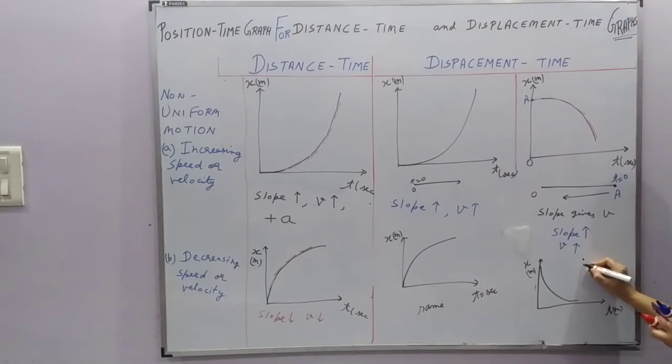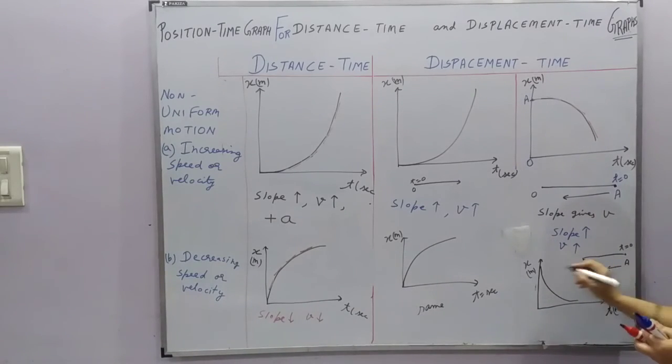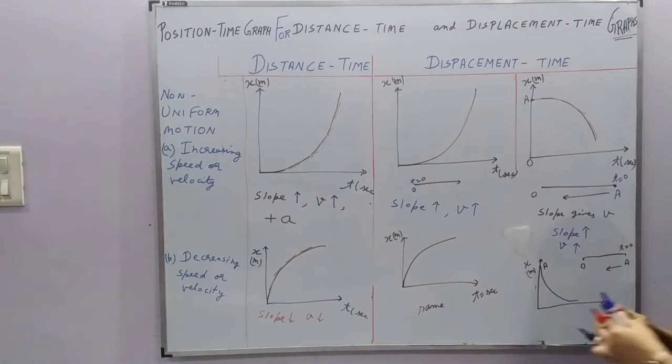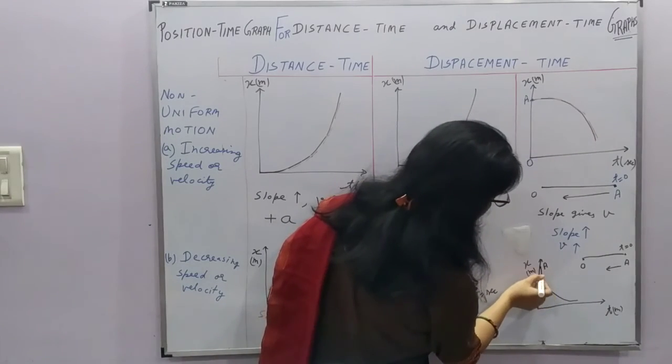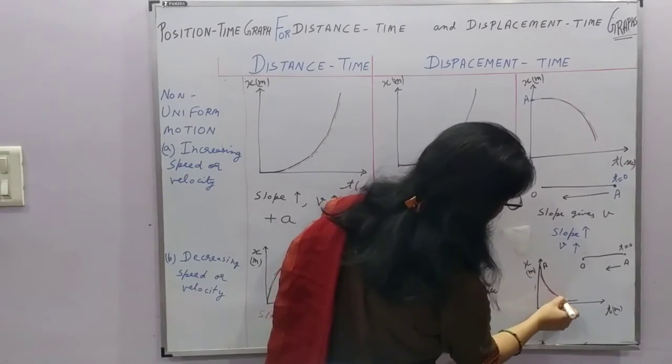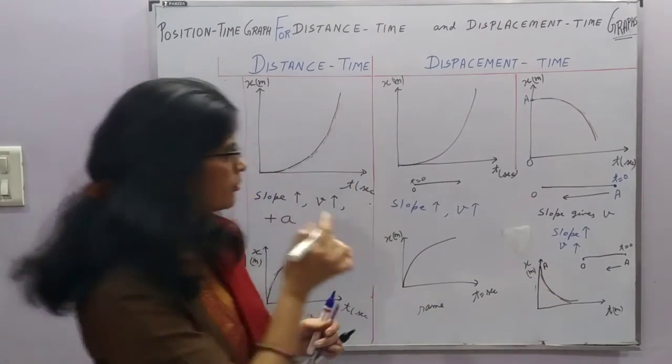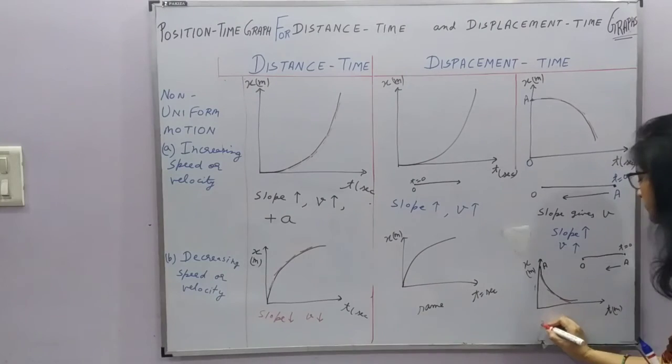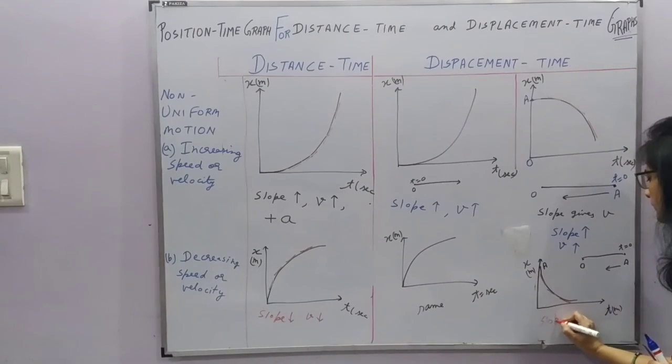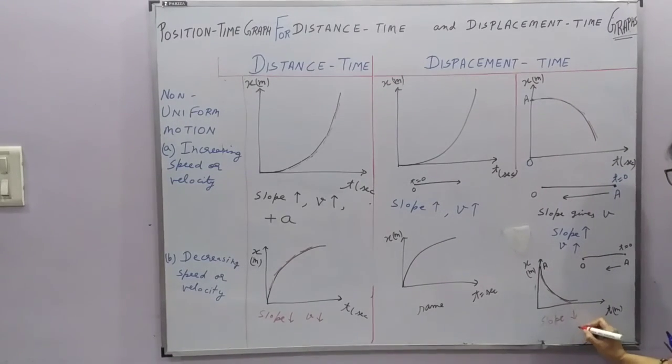So again here this is the case O, this is the point A from where the object starts its journey. Here t is equal to 0. As you can see from here, the slope is decreasing with time, so velocity is decreasing with time.